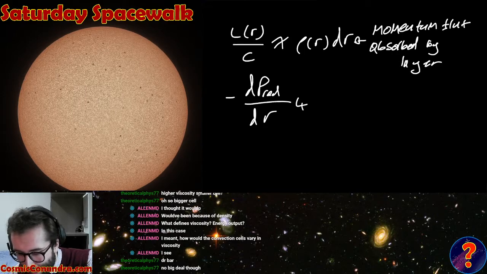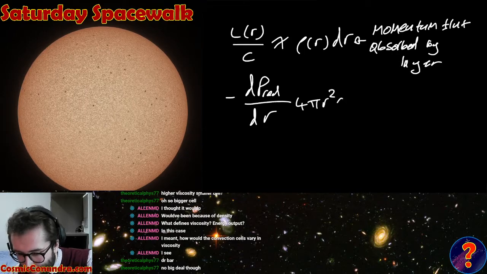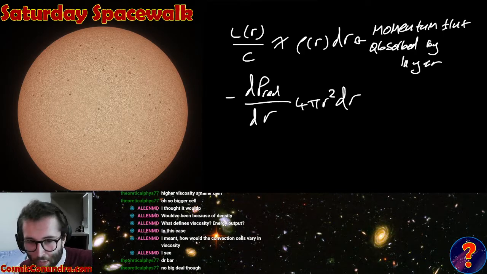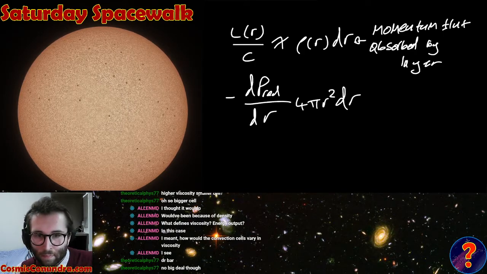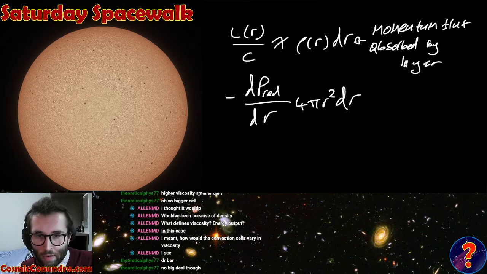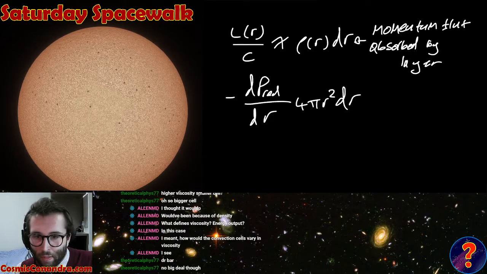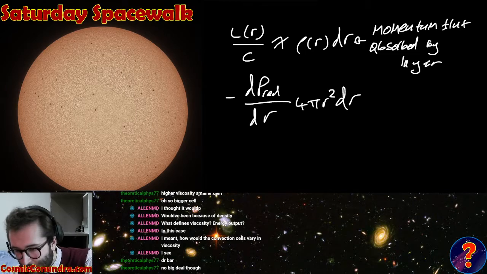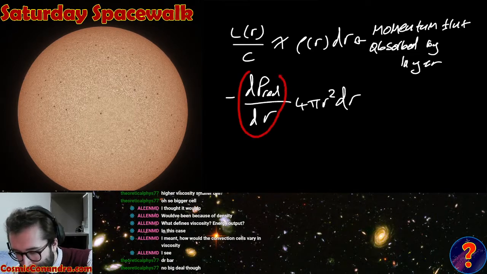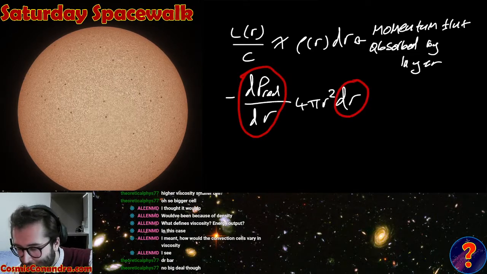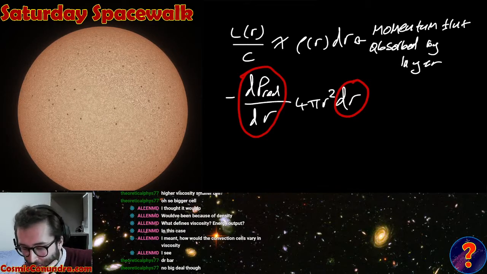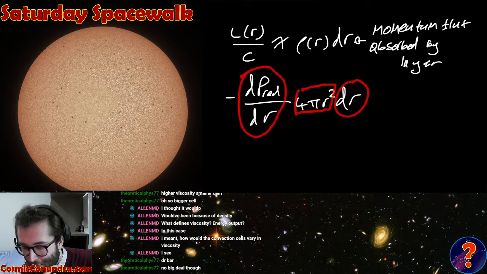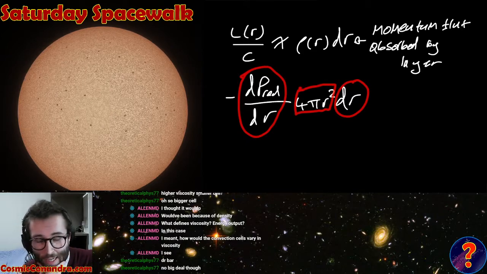And then we're multiplying by this little volume element of the layer, okay? So this is the pressure gradient times the thickness, which gives the change in the pressure. And then we're multiplying by the area over which this pressure gradient is acting.